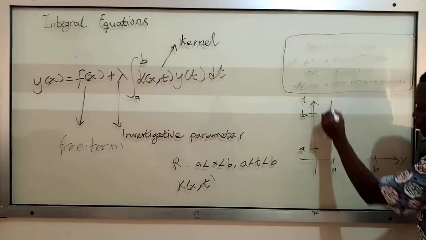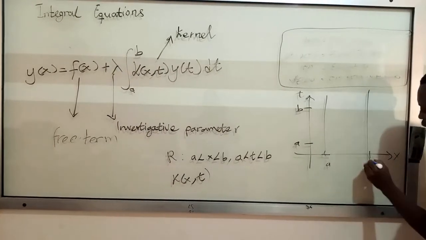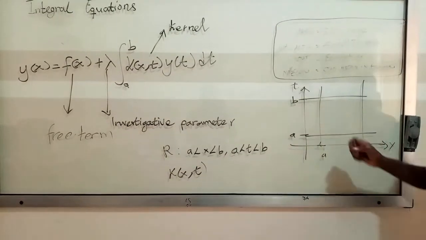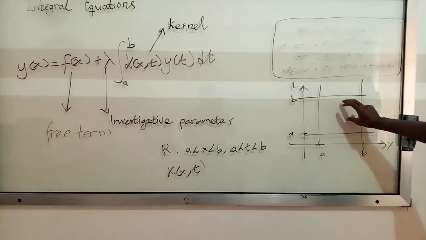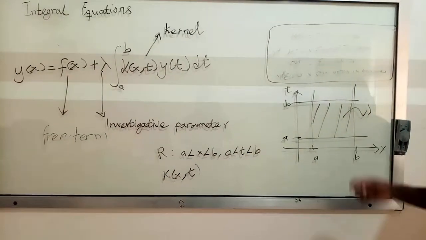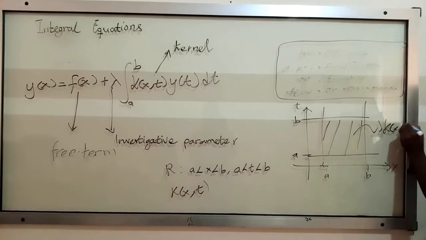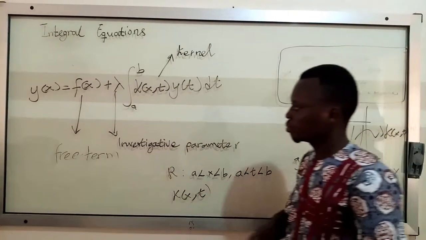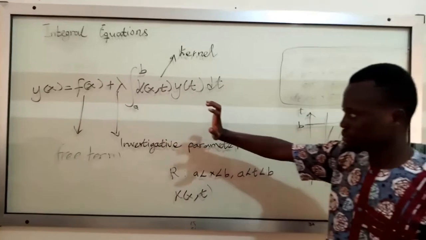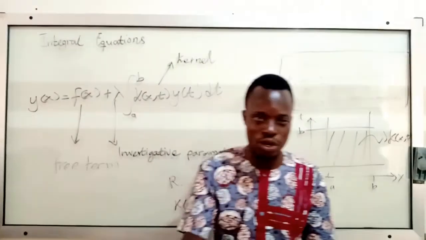Now if I draw a straight line here, and another straight line, you see that there is a resulting square. This is our square. In this square, this is the place where the kernel k of s t is defined. So these are the parts of the integral equation.